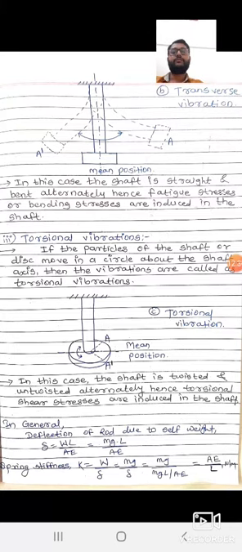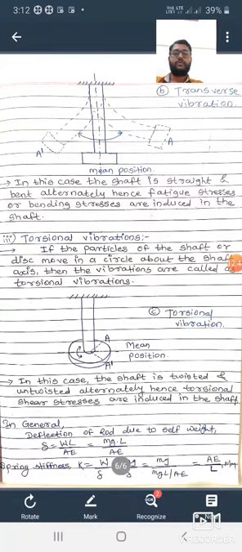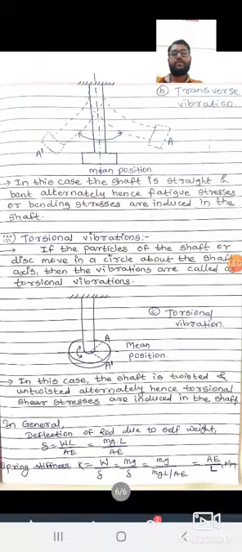The next type is torsional vibrations. The diagram shows a disc attached to a rod at the mean position, and that disc deflects to the distances A and A dash. If the particles of the shaft or disc move in a circle about the shaft axis, then the vibrations are called torsional vibrations.